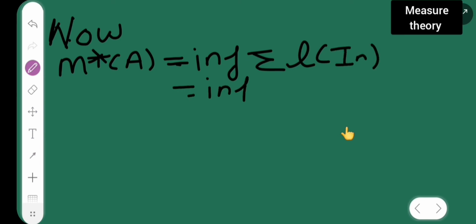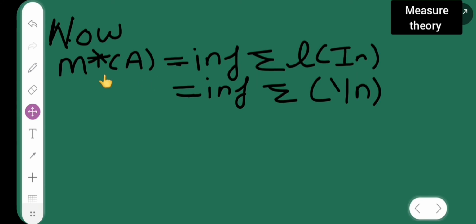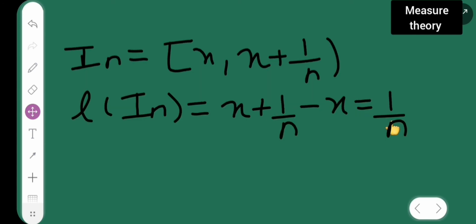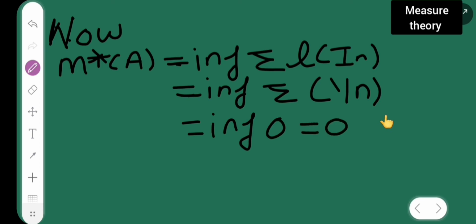What I got for the length of In is 1 by n. This definition you all know. So it is the infimum of summation of 1 by n. Now this is equal to the infimum of 0, which is equal to 0.